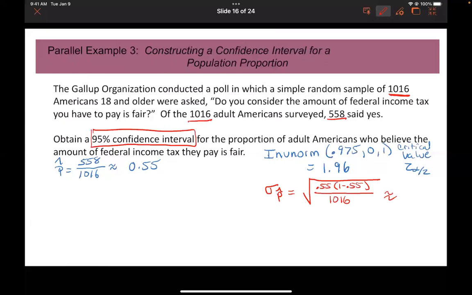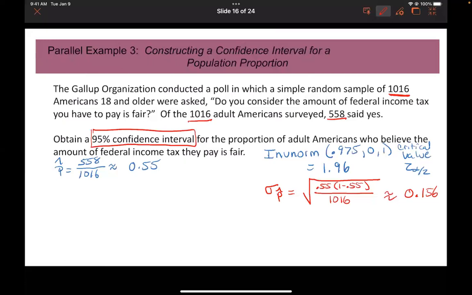Oh, I see what I did. I lost a decimal. Okay, I got approximately 0.156. Did we all get that? Are we there?